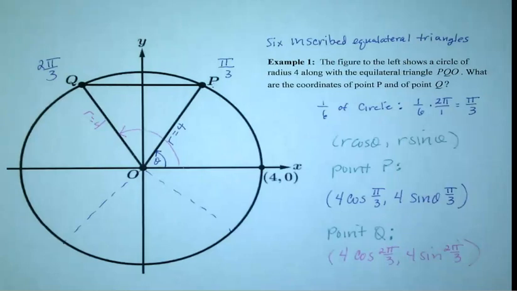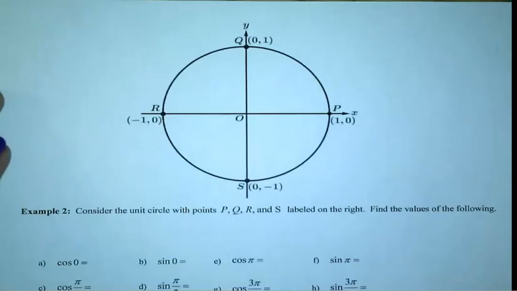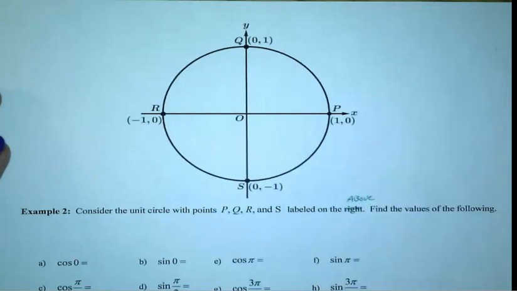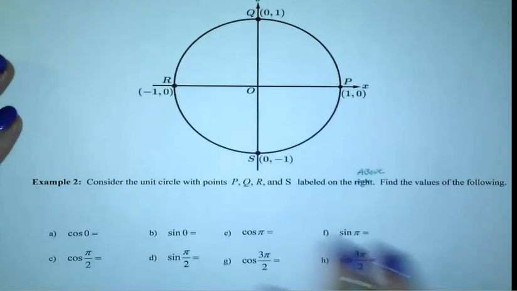And what we're going to do now is put some actual values to those radian measures and be able to do a little bit more with them than we have so far. Okay, so in example 2, we are going to consider the points P, Q, R, and S, which are labeled above in the circle, and we're going to find the values of the following angles down here.